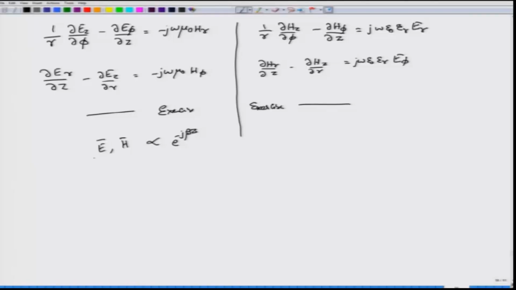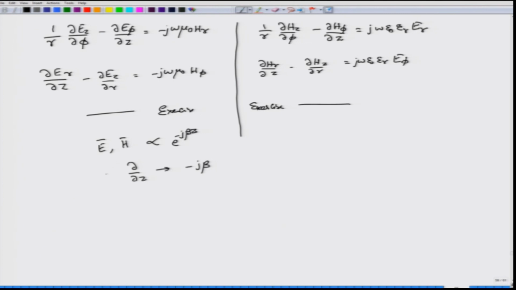Okay. But if you do understand, you notice the similarity between the analysis of the slab waveguide on one hand with the optical fibers on the other hand. The difference is in the geometry and much more complicated expressions for characteristic equation, as you will soon see either in this module or in the next module. Okay. So, you have electric field and magnetic fields going as e power minus j beta z with respect to z axis. So, therefore, their del by del z can be replaced by minus j beta.